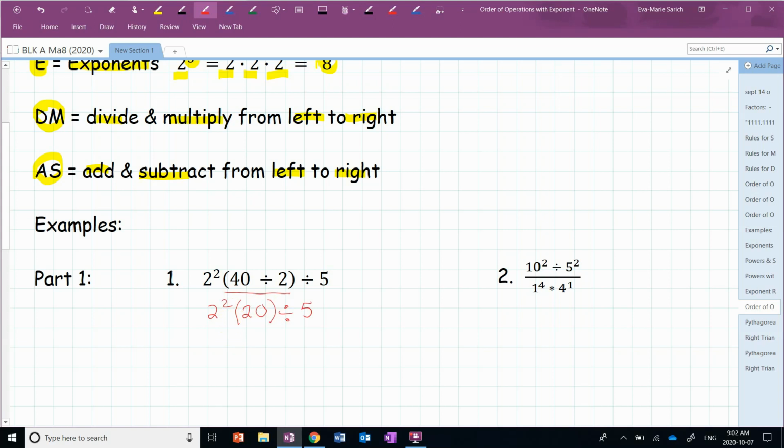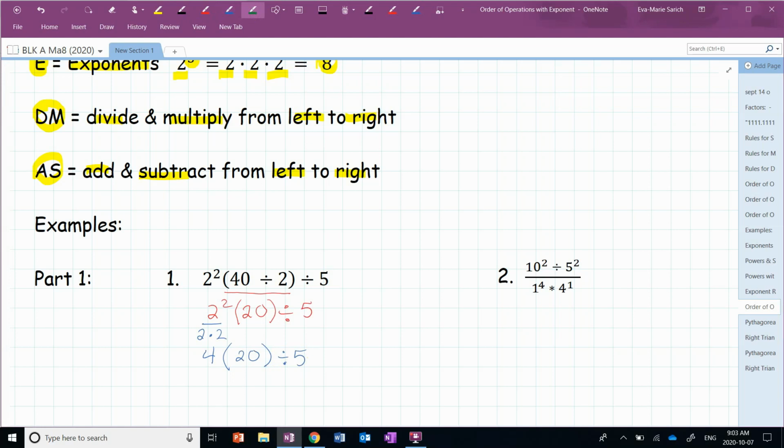Okay, so now after brackets comes exponents. So I'll underline the exponent, and 2 is the base, and it's going to repeat 2 times. So 2 times 2 is what that means, and it's going to equal 4. Bringing down the rest, a 20 in a bracket, and then a divide by 5. So the next step is going to be to multiply and divide from left to right.